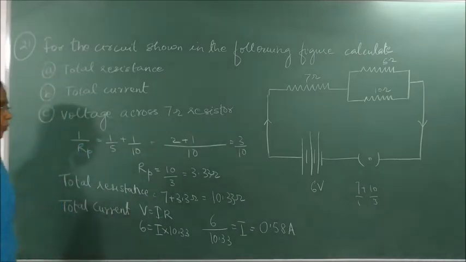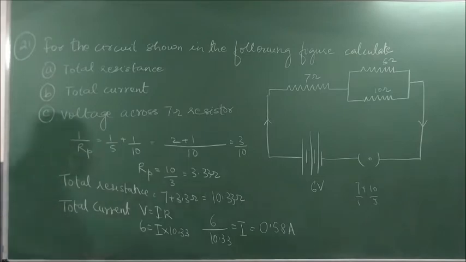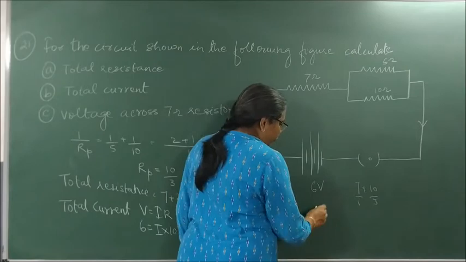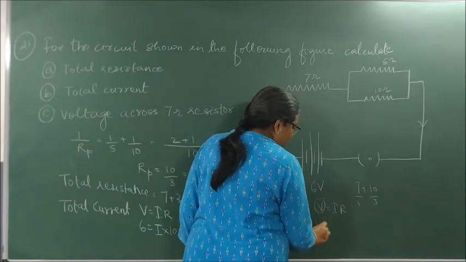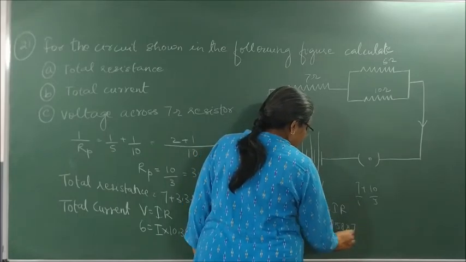The second part over. Now for the third part, voltage across 7 ohm resistor. See, again I will use the formula V is equal to IR. I need to find out V. What is I? 0.58. And what is R? 7.